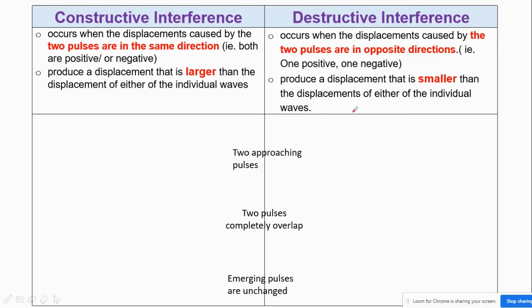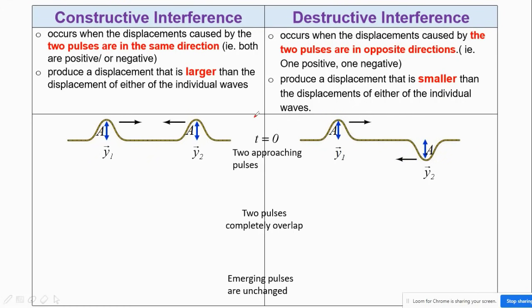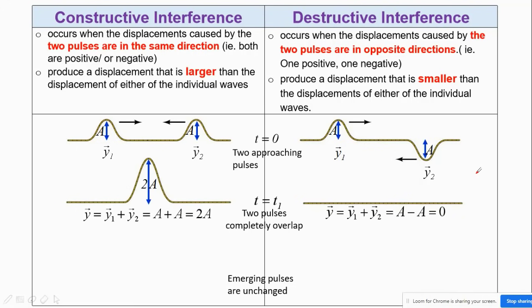So for example, at the beginning, when t equal to 0, we have 2 approaching pulses, y1 and y2. After some time, when t equal to t1, the 2 pulses will completely overlap.